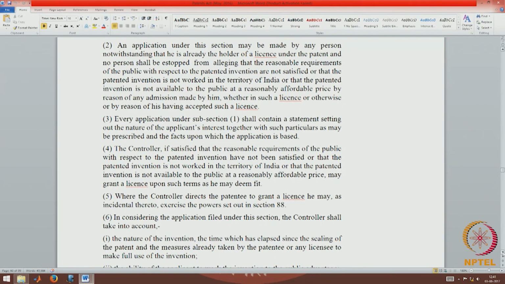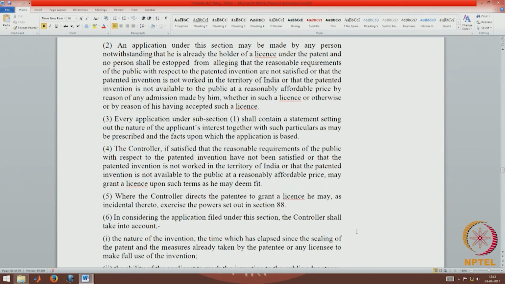Even if you have made an admission that yes, it is reasonably worked in India or it is available at a reasonable price, still you will be able to make an application for a compulsory license. In effect, regardless of what statements you have made, your statements will not hold you back from making an application.